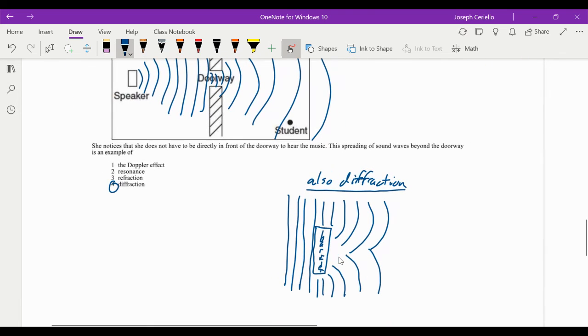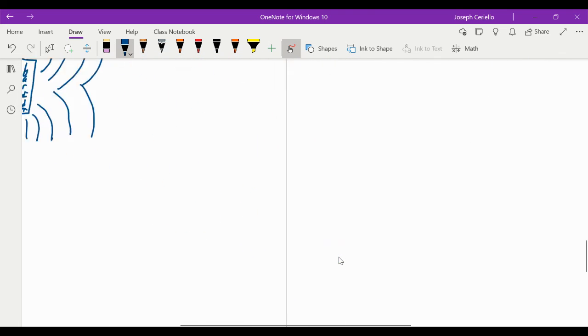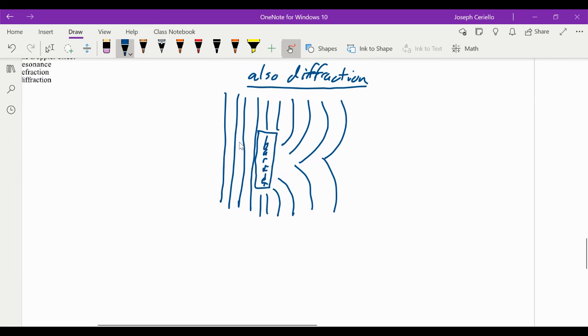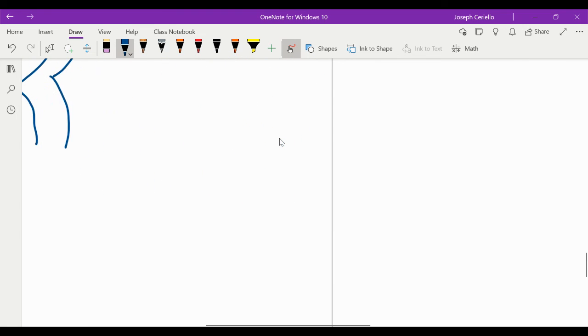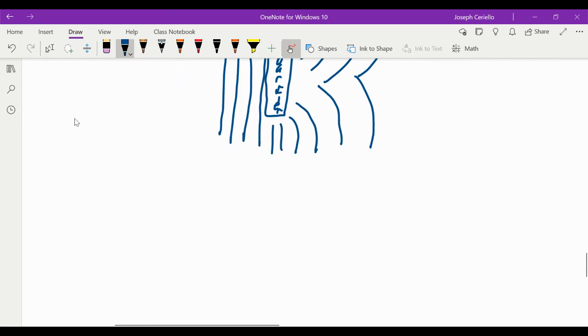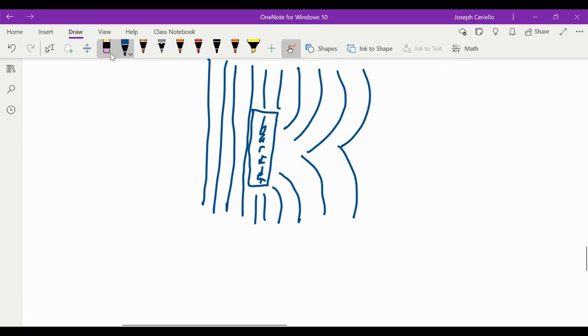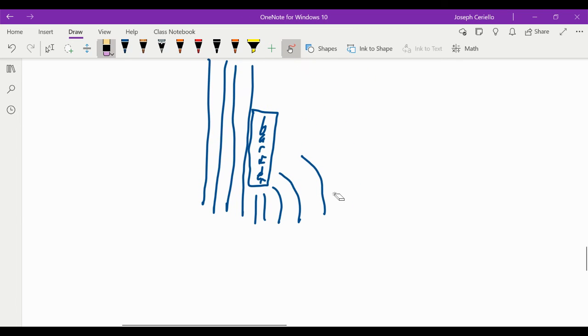Another good example of diffraction is if waves hit a barrier. We're going to get more into this when we get into light, but we'll talk about it right now. Let's say the waves are approaching this barrier.